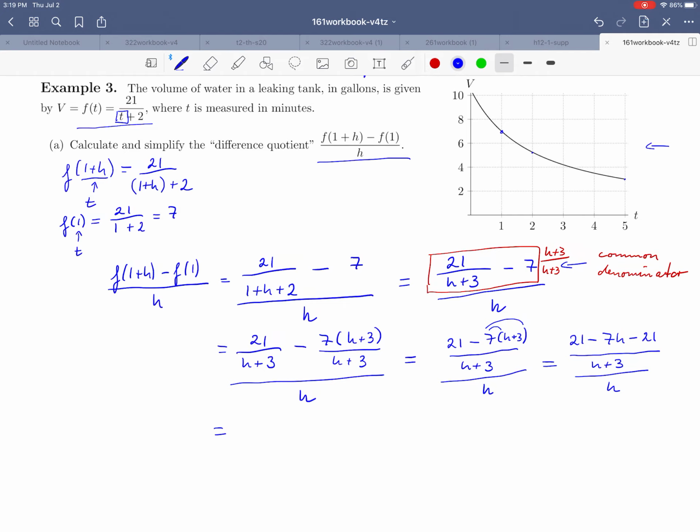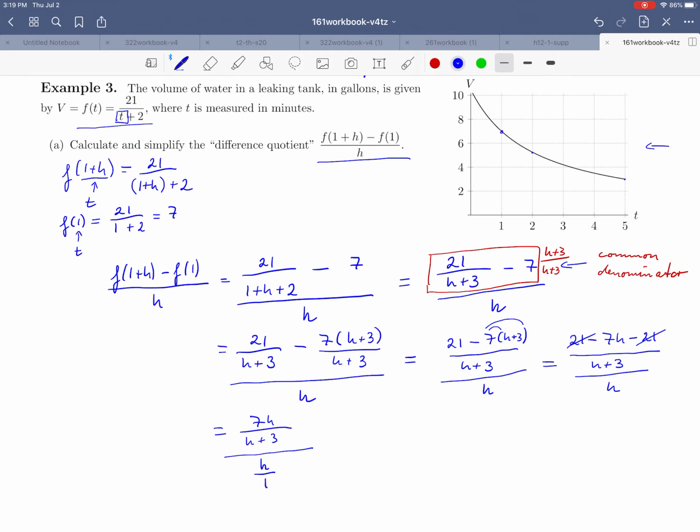Okay, now you see that in the numerator I have 21 minus 21, so that 21 just goes away, and I'm left with 7h divided by h plus 3, and that is all over h.